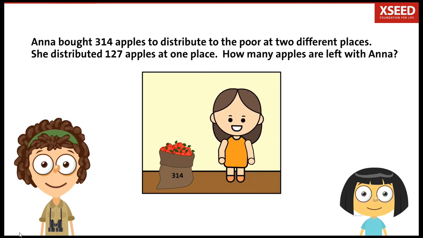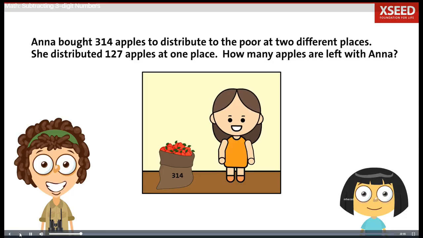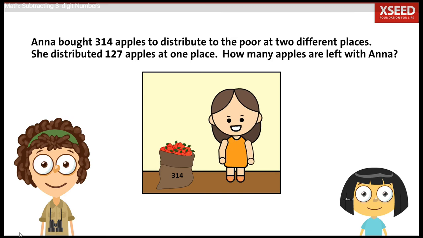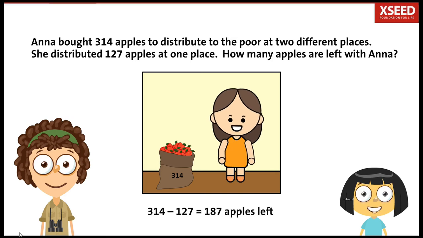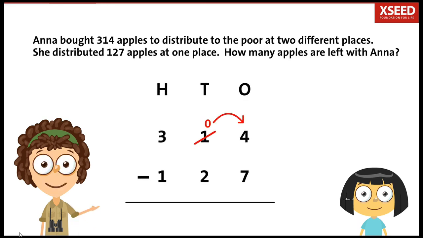Write the answer in your journal. Mia, what is your answer? My answer is 187. Good. We found the remaining apples by subtracting 127 from 314.